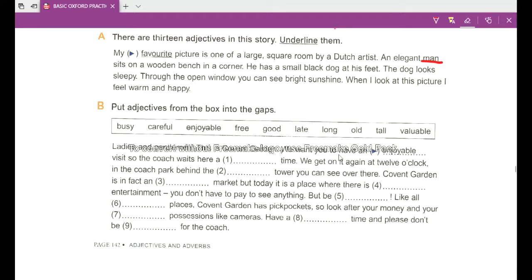We want you to have an enjoyable visit, so the coach waits here." A, okay, you fill the gap, but the adjectives you can find here in the box. Okay, you have busy, careful, free, good, late, long, old, tall, and valuable. Don't take an adjective from another place. You have to fill with the words here to complete this.